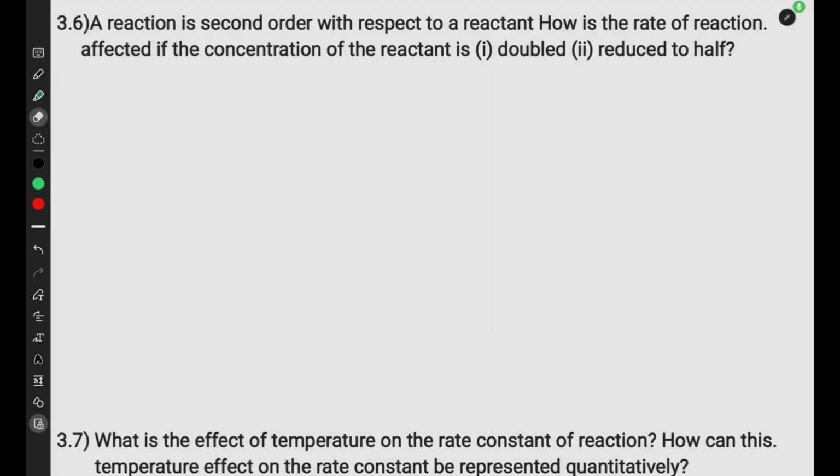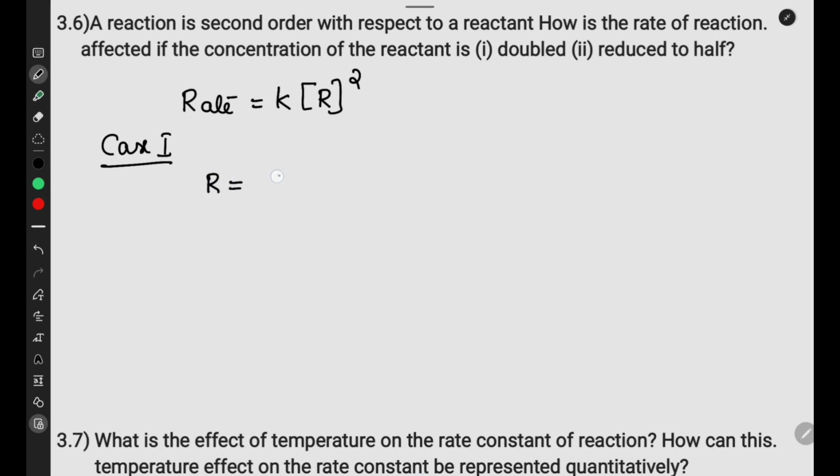A reaction is second order with respect to reactant. How is the rate of the reaction affected if the concentration of the reactant is doubled and reduced to half? So the reaction is second order, so we can write rate is equal to K into concentration of R raised to 2. First case, concentration of the reactant is doubled.